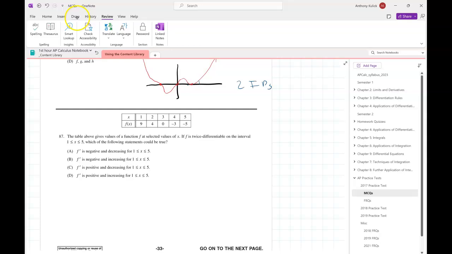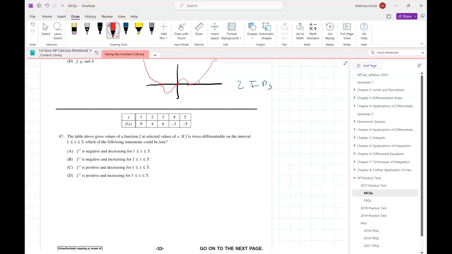So to do this, what I would do is I would look at the change. Oh, sorry, I should read the question. The table above gives the values of a function f at selected values of x. If f is twice differentiable on the interval from 1 to 5, which of the following statements could be true?